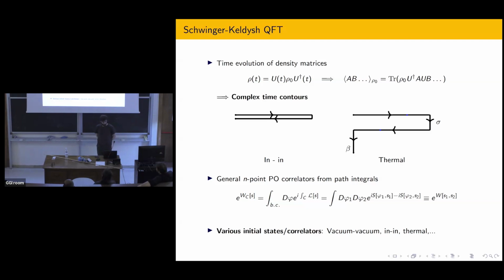Okay, good. So let me just introduce certain aspects of Schwinger-Keldysh quantum field theory such that we are all on the same page. As we know, for example, the time evolution of a general density matrix has to do with both forward and backwards time evolution, so this U and U dagger.